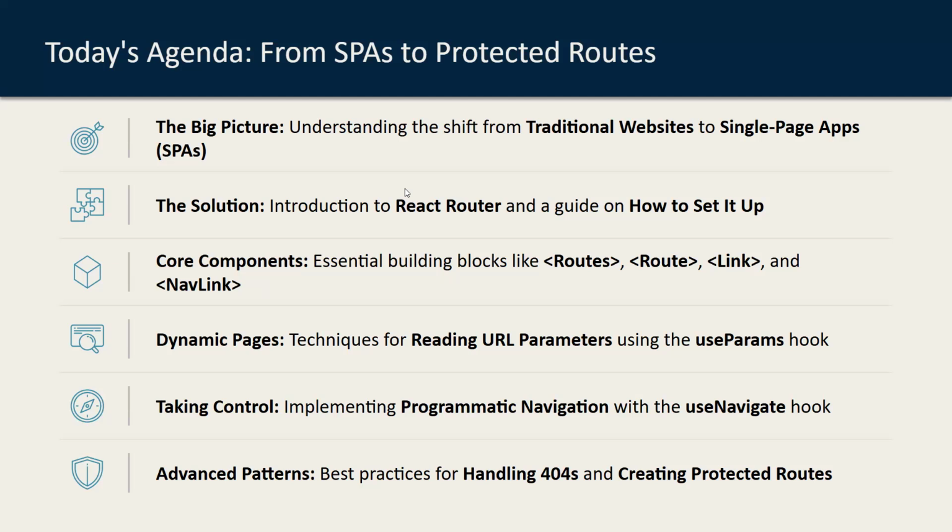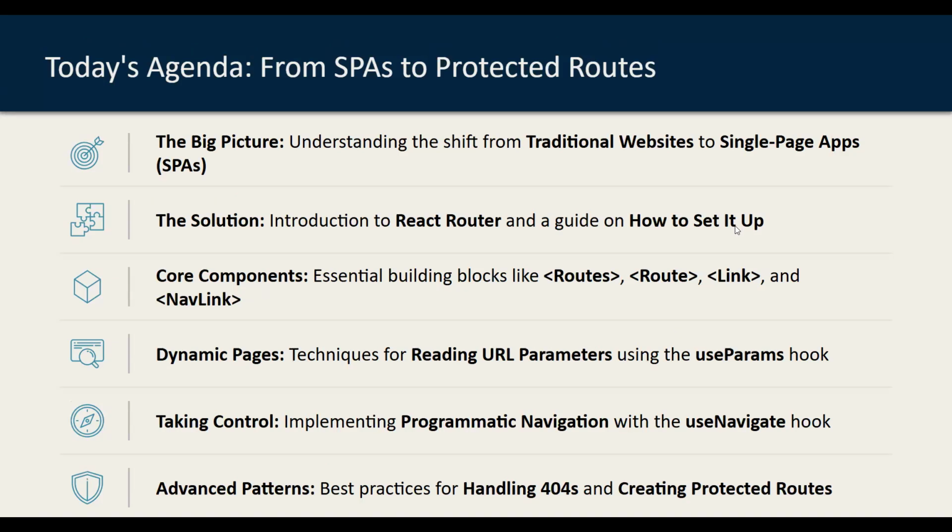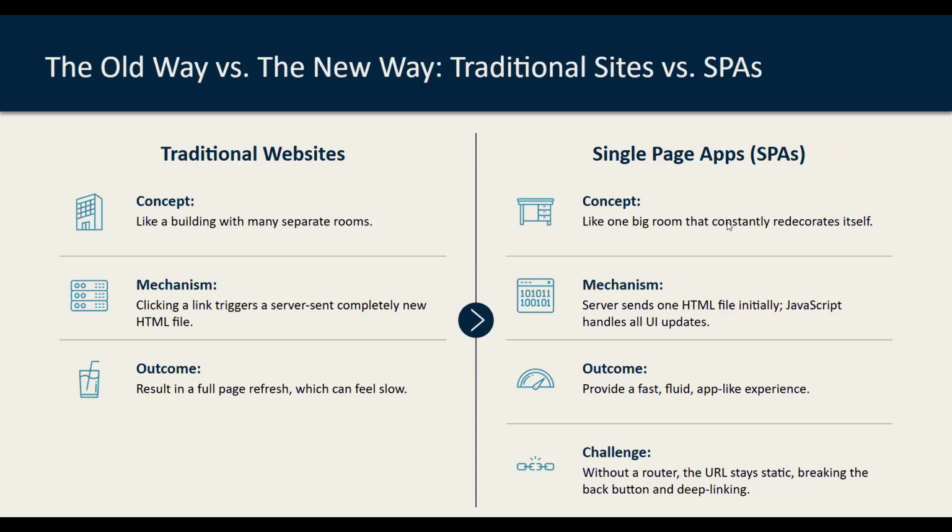Then we will move into dynamic routes, and then take a closer look at what programmatic navigation is using the useNavigate hook. And then we will also take a look at some practices for handling 404s and creating protected routes.